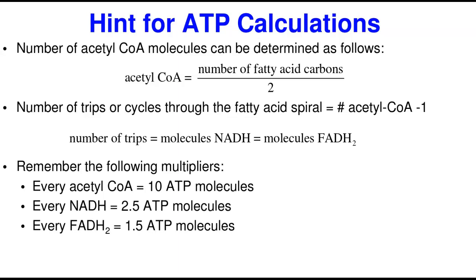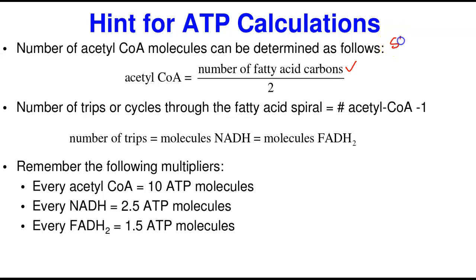We crunch some numbers with this hint by knowing how to get the full ATP quantity when a particular fatty acid is broken down. The number of acetyl-CoA released from a particular fatty acid is determined by knowing the total number of carbons in that fatty acid. If you get the total number of carbon and you divide it by 2, you're going to get the number of acetyl-CoA.